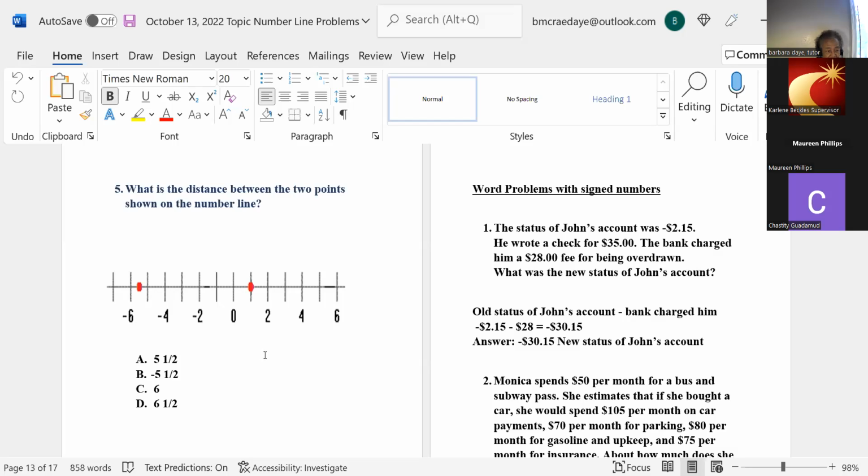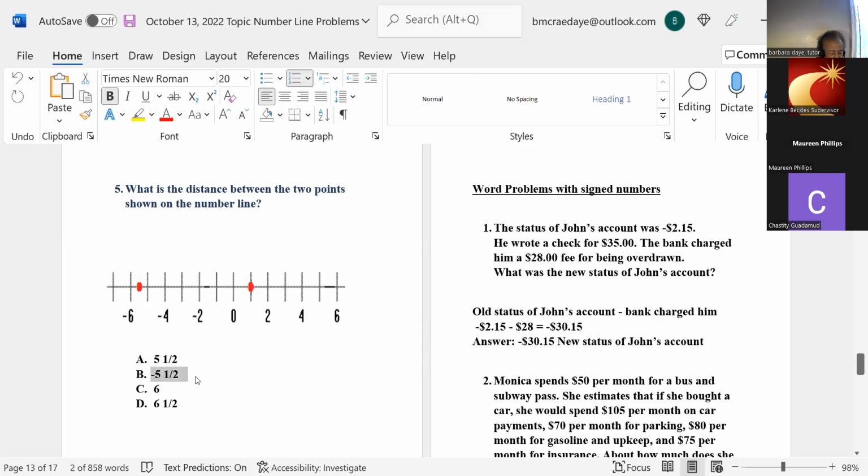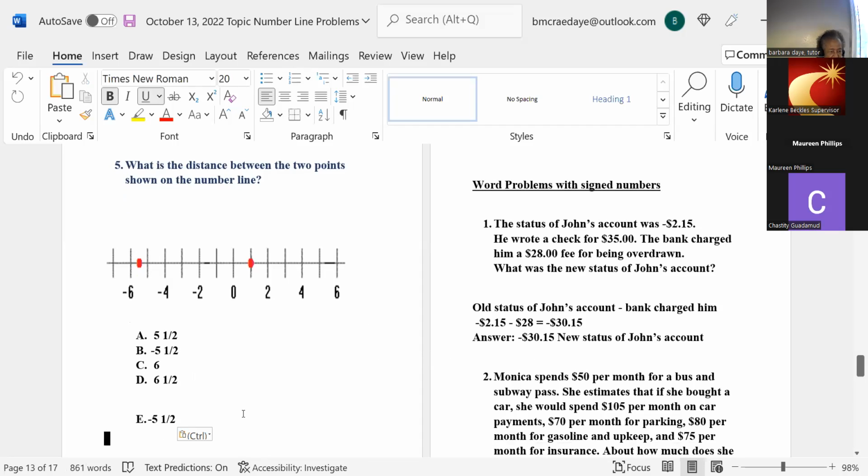That's right. It would be a -5.5, right? So let's just put that there. It's a -5.5. So that dot is a -5.5, right?